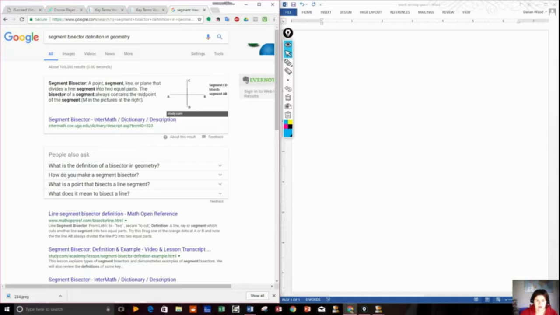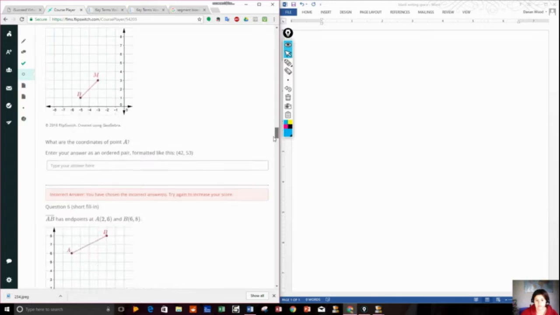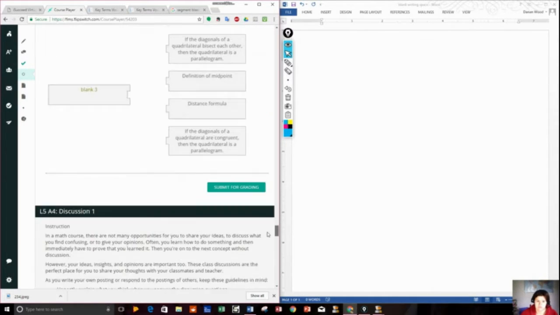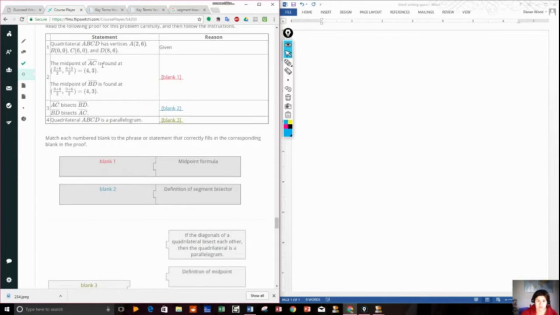It says a point, segment, line, or plane that divides a line segment into 2 equal parts. So those are some options for you to find out what the definition of a segment bisector is. It cuts it into 2 parts. Alright, which means that they found the midpoint.